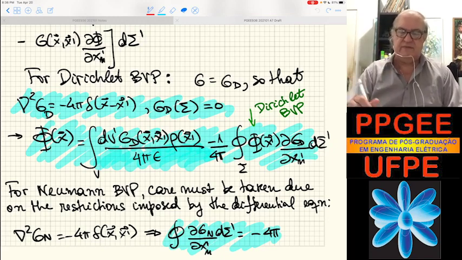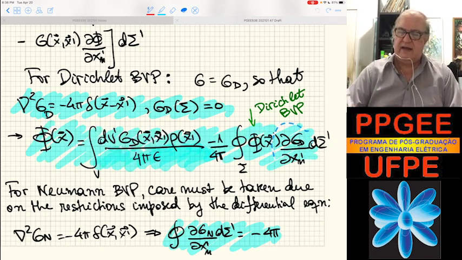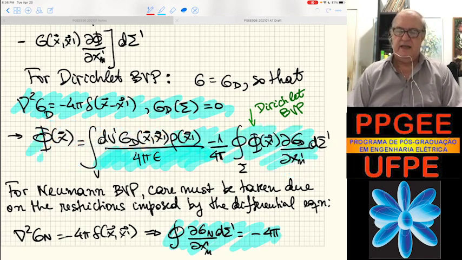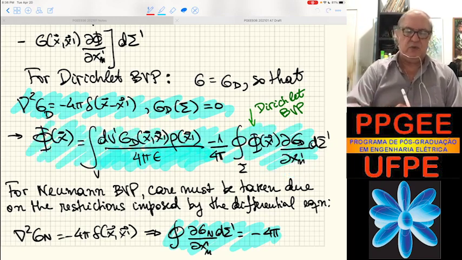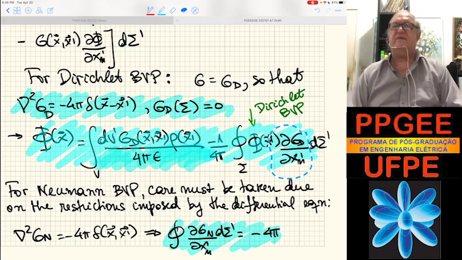So I have to solve that problem, find GD. Then GD is known, right? So here we have the normal derivative of G, and then your solution depends only on, given GD, the charge density and the normal derivative of G.